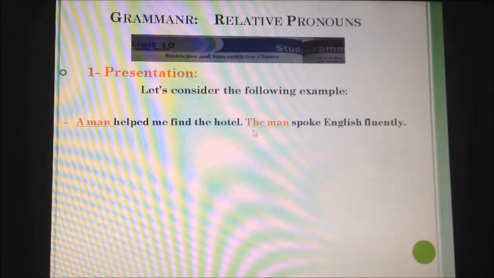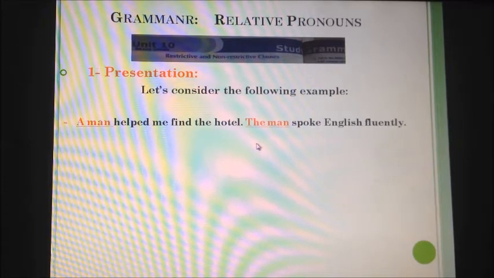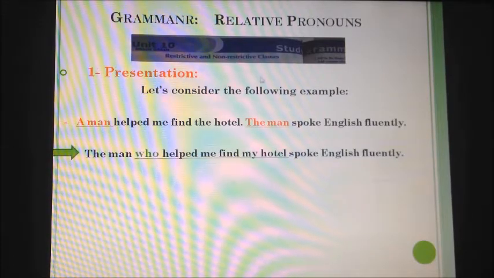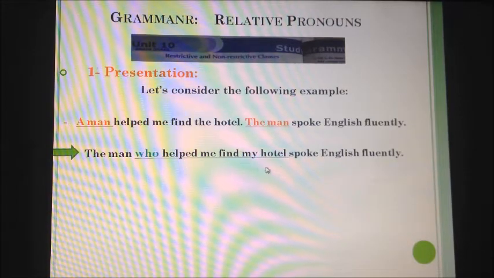If we notice these two examples, it's a long sentence and there is repetition. So there is another way we can express this sentence using relative pronouns. The man who helped me find my hotel spoke English fluently.